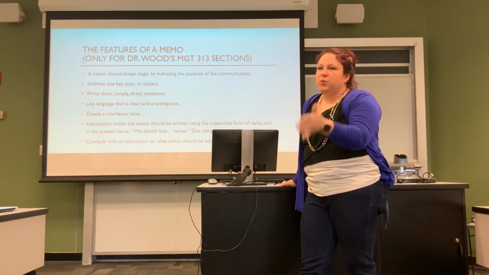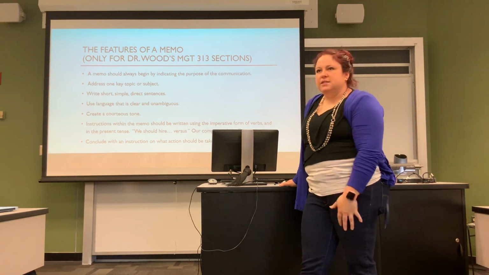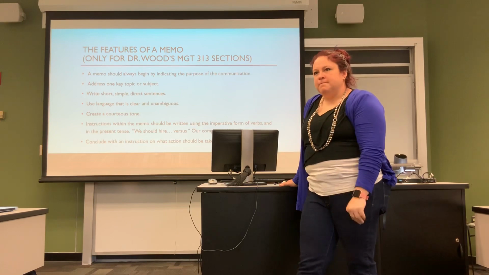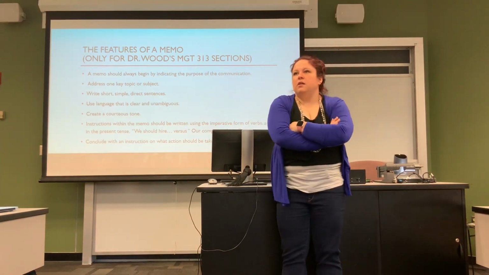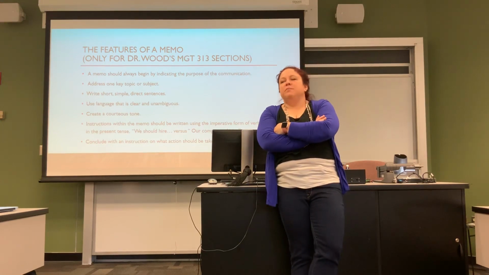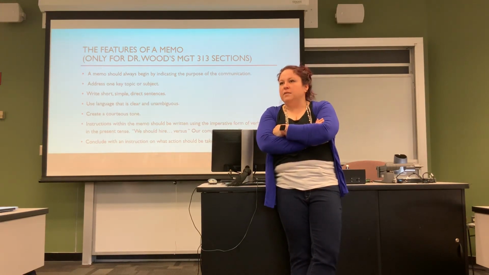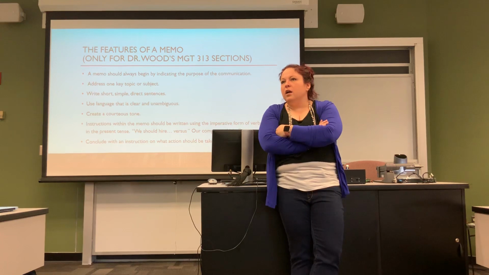Okay, do you know the difference between a simple sentence and a complex sentence or a compound sentence? Sure, if you showed me examples, I could tell you which is which, but I can't describe it to you. A simple sentence would be something like, I want to hire this candidate for their leadership skills, right?